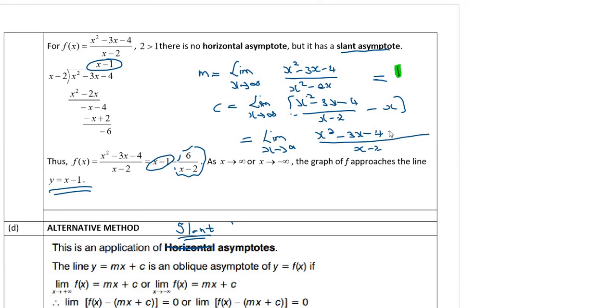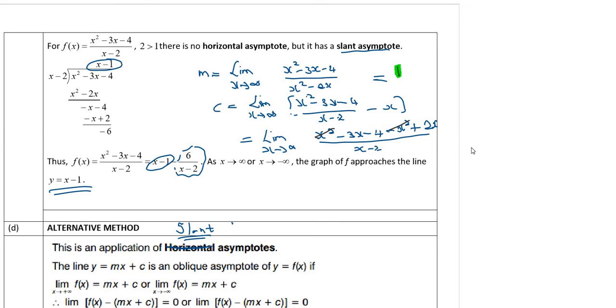Then we're going to have minus x squared, and then of course plus 2x. So now what will happen is the x squareds will fall away. Now we see here we have minus 3x and plus 2x, and that's going to give us the minus x. And then we have x underneath. So that's where the minus 1 is going to come from.